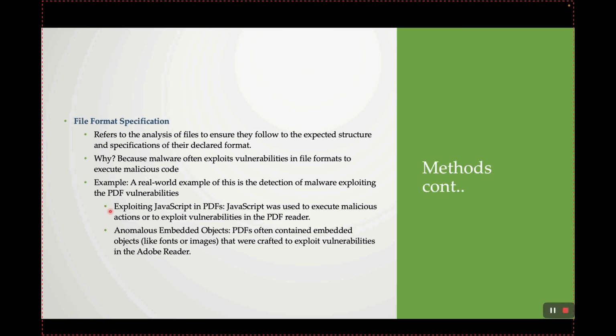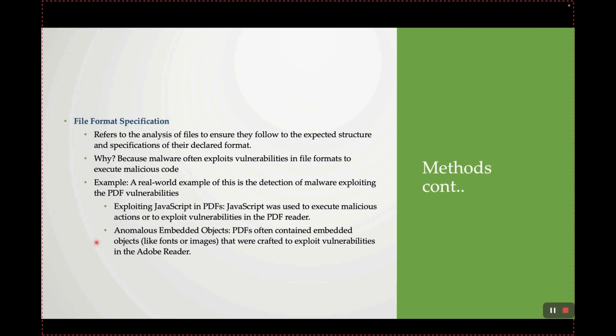So the security software analyzes the JavaScript within the PDF to check for patterns or functions known to be associated with this type of malicious activity, or possibly for code that tries to exploit known vulnerabilities in the PDF reader software itself, not the PDF file, even the reader.